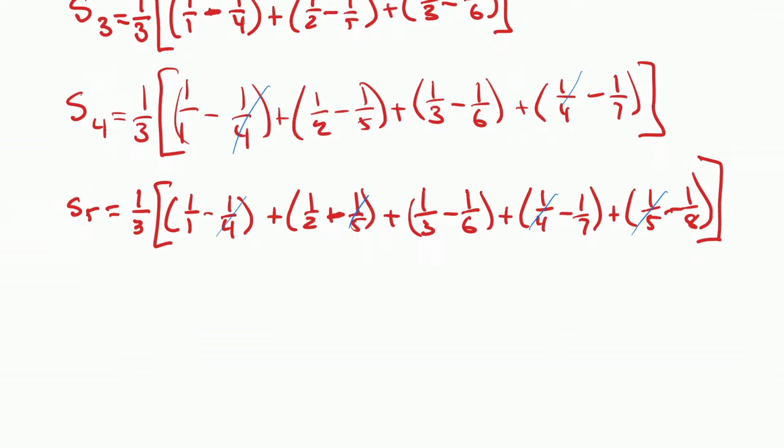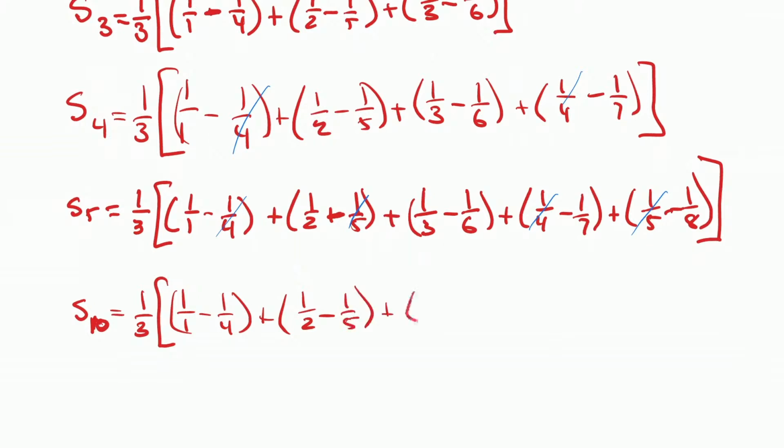Well, I think you can see the pattern here. I'm going to write down one more, just to show you how this works. Let's do S10. I'm not going to write it all down. 1/1 minus 1/4, then some ellipses, 1/3 minus 1/6, then some dots, and I'm going to end at 1/10.